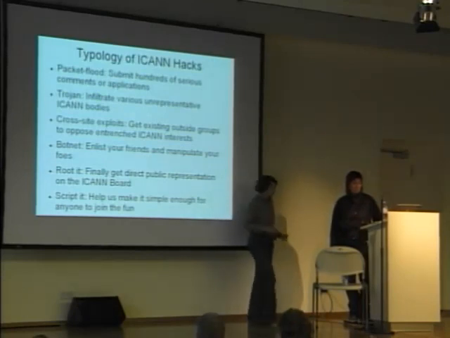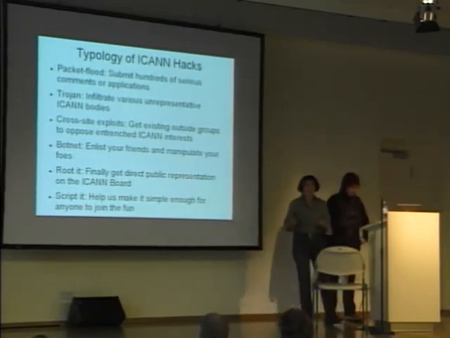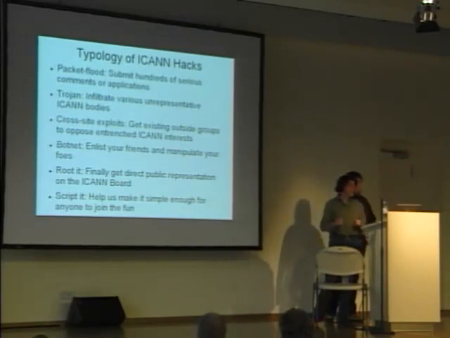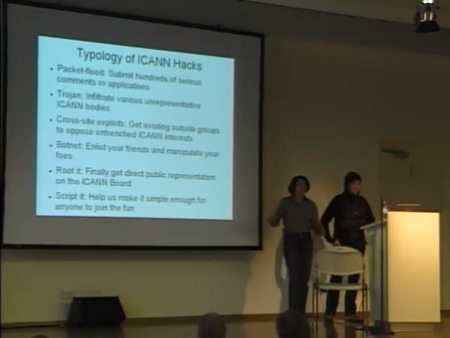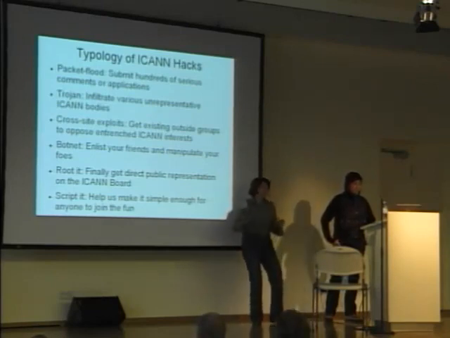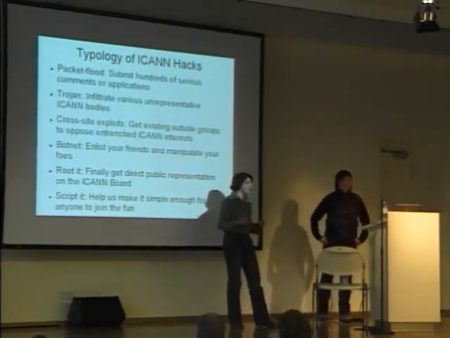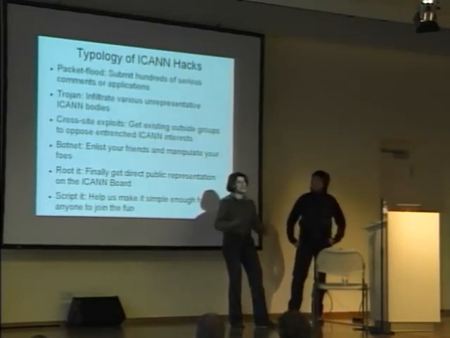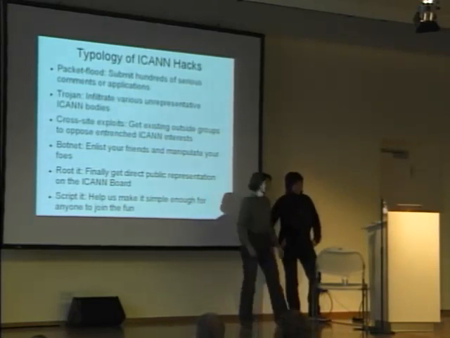If you want to add to the .com and .info and .aero and think you can do better than .coop, send in some comments or help put together an application. We can do Trojan-style attacks, infiltrating the bodies that are currently fairly unrepresentative of the general public, to give them some more public spirit while they continue to operate as though they were merely the intellectual property or business constituency.